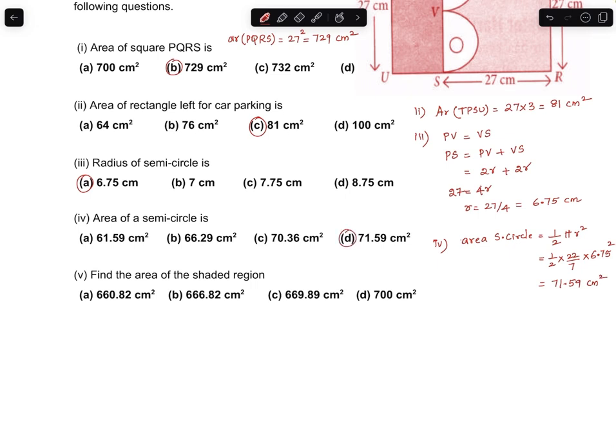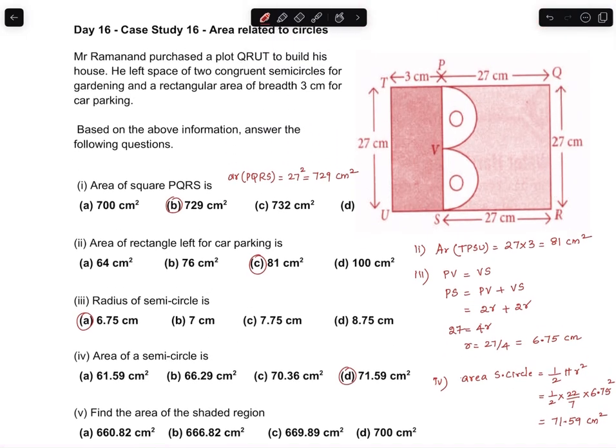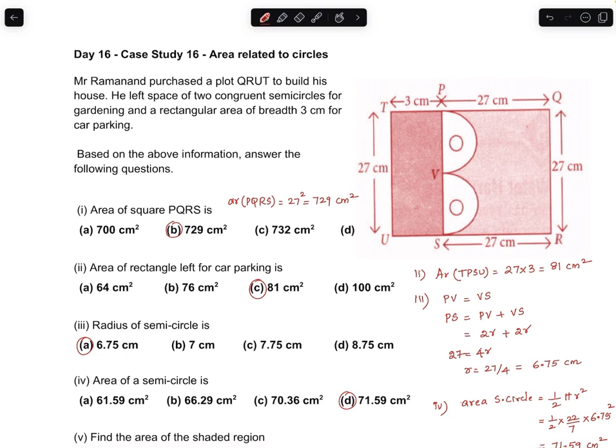Question 5. Find the area of the shaded region. Now the shaded region includes PQRS minus the two semicircles plus the parking space TPSU.